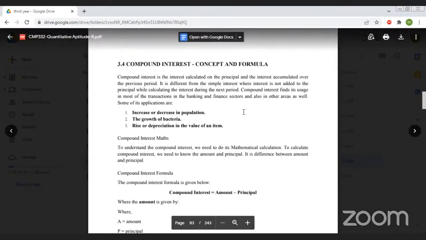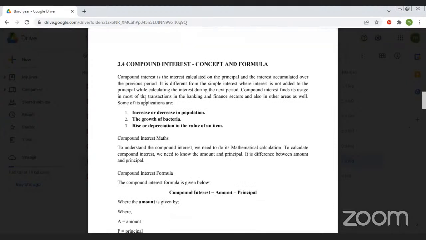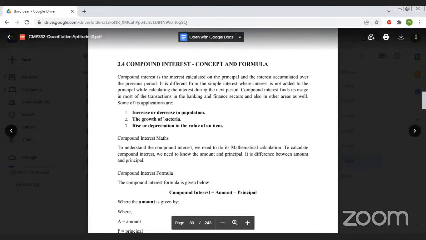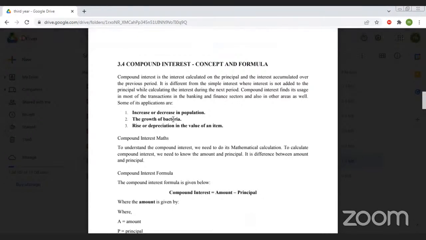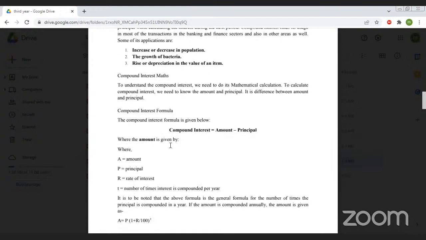Now compound interest. When do we use compound interest? We use it for increase or decrease in population, the growth of bacteria, and rise or depletion in the value of an item.